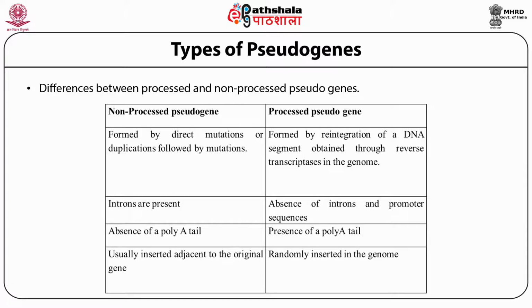In non-processed pseudogenes, introns are present. In processed pseudogenes, there is absence of introns and promoter sequences. Non-processed pseudogene, absence of a poly A tail. Processed pseudogene, presence of a poly A tail. Non-processed pseudogene, usually inserted adjacent to the original gene. Processed pseudogene, randomly inserted in the genome.